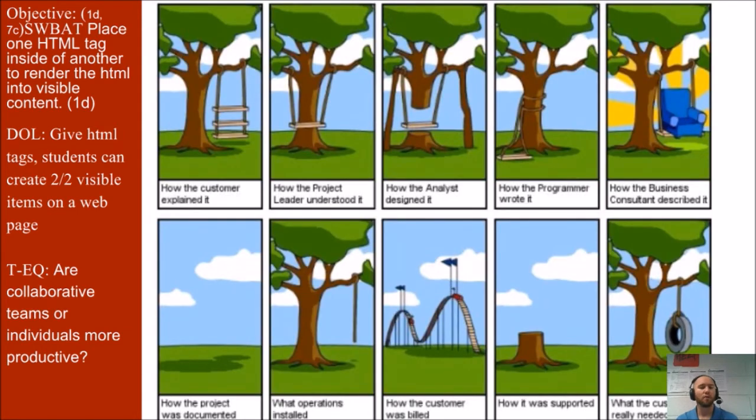And here's a great way to think of your customer relations. Okay, so let's say you have a customer, they're explaining to you how they want you to build a website. So the first scene here is how the customer explained it.